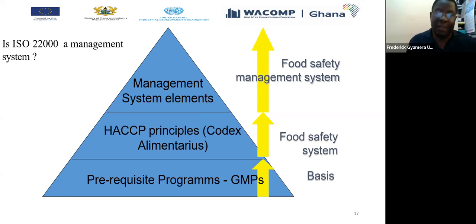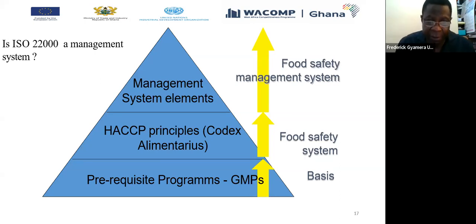And the requirements are all also described in this standard. So this standard, ISO 22000, becomes the auditable, meaning that is the standard they can audit whatever food safety system you have against specific requirements in the standard. And this is the structure. So this is how you build your documentation towards achieving ISO 22000 certification.